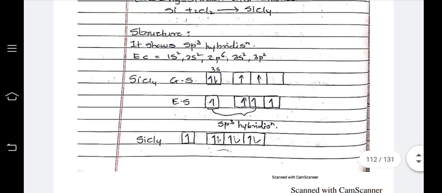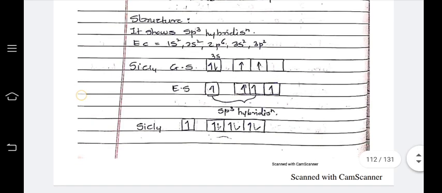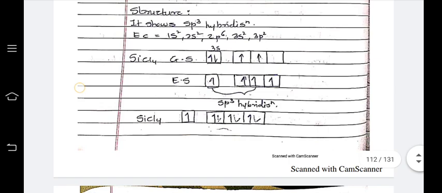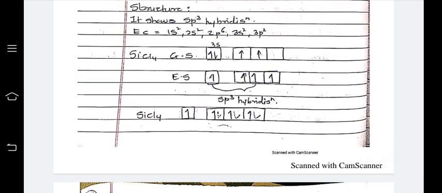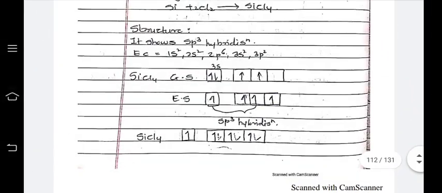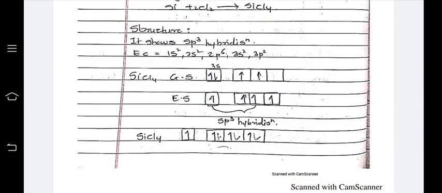If you study the structure and the hybridization of this silicon molecule, we find that the electronic configuration of silicon is 1s2, 2s2, 2p6, 3s2, 3p2.